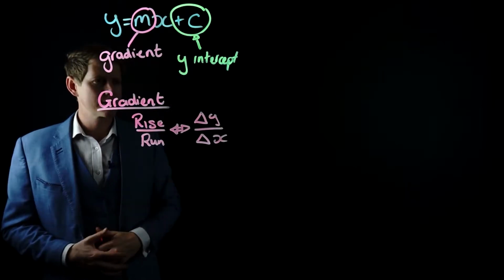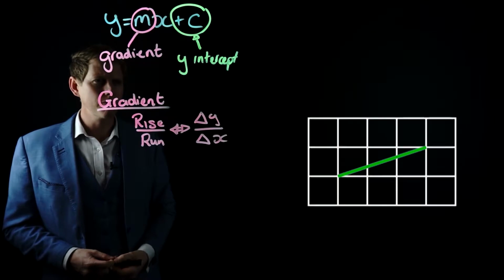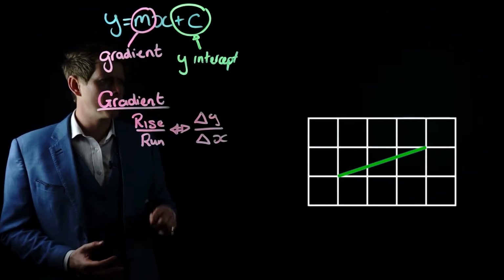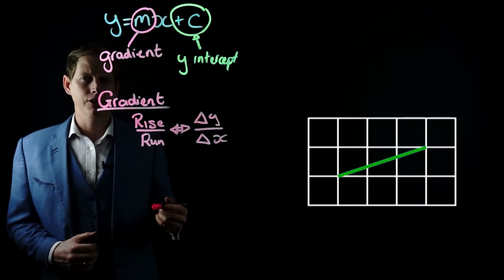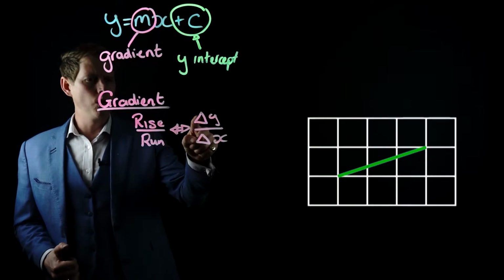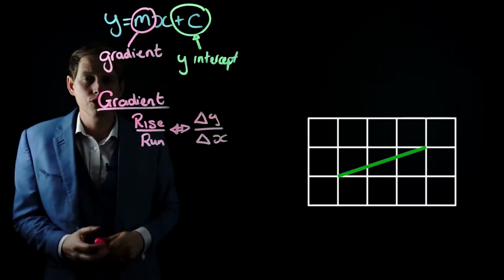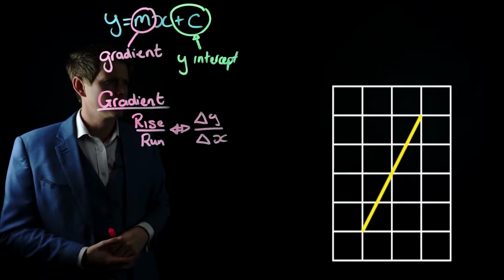So let's have a look at this question over here. What's the gradient of that line? If I pick the point, I can see that it goes 1 up and 3 across. So for that line, the rise is 1, and the run is 3. So the gradient would be 1/3. Let's have a look at this one.